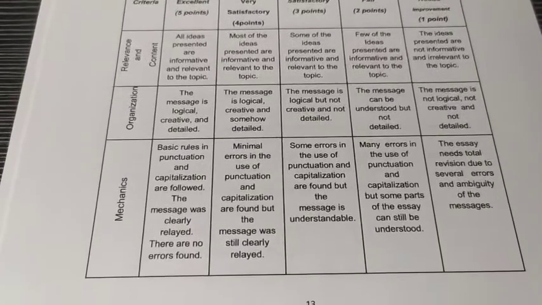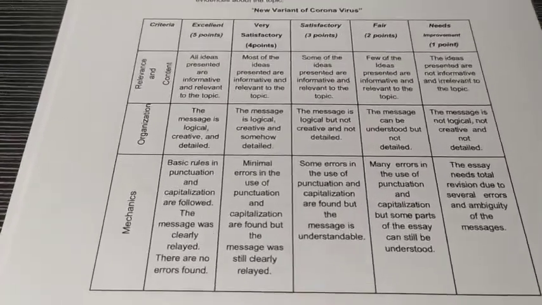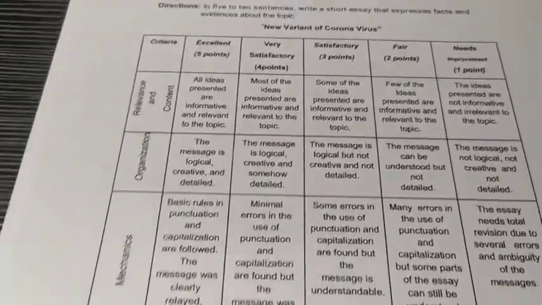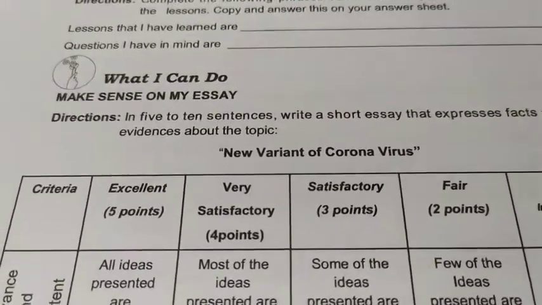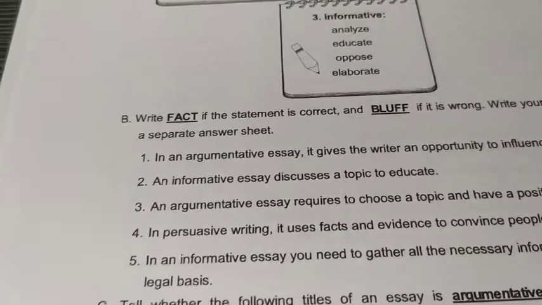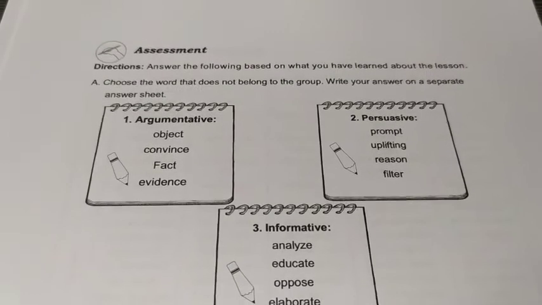We have the same rubric as in the previous activity. So again, no need to add opinion, you will just search. You can read the newspaper, you can use the internet, you can watch on TV.